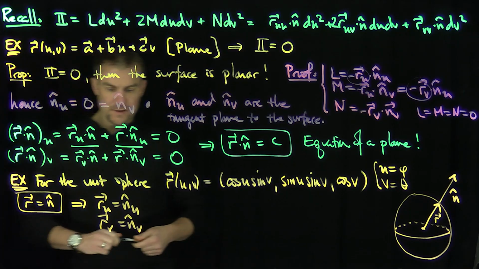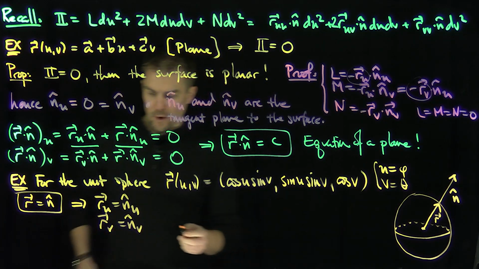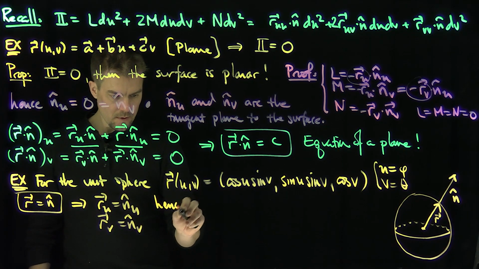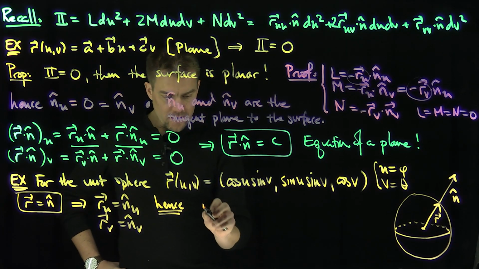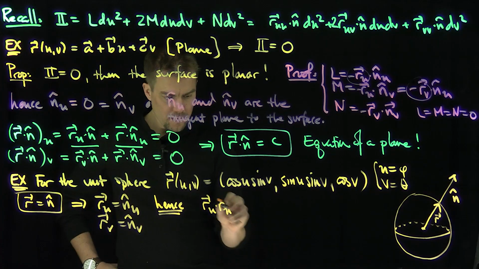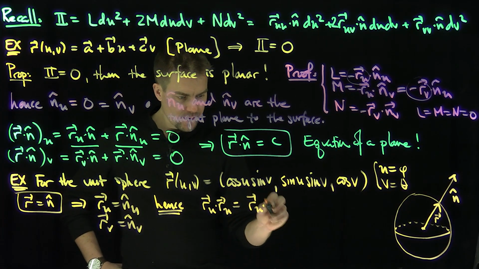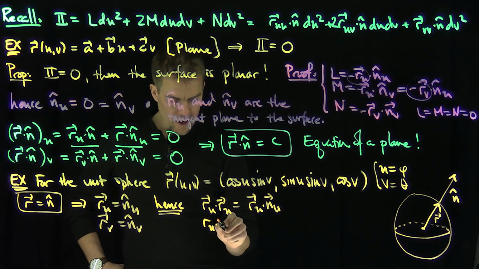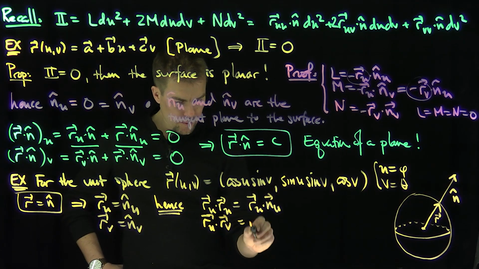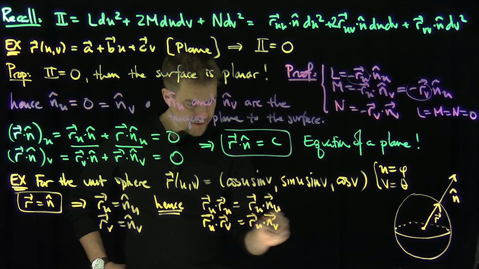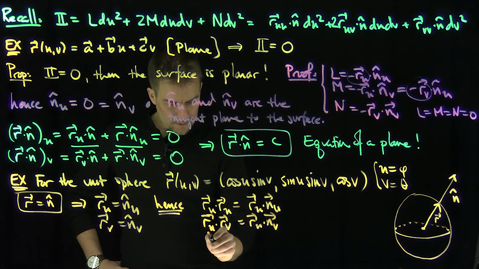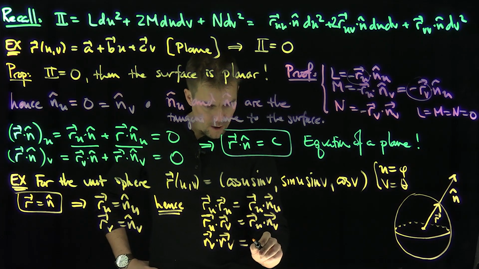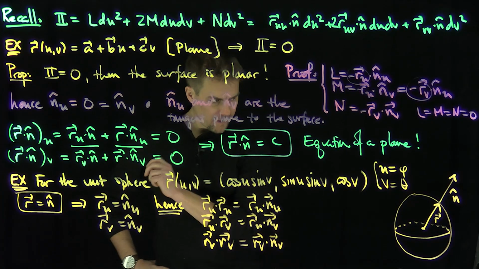We would like to figure out what these things are. What do we know? Hence, r_u dot r_u is really the same as r_u dot n_u, r_u dot r_v is really r_u dot n_v, and then r_v dot r_v is r_v dot n_v.